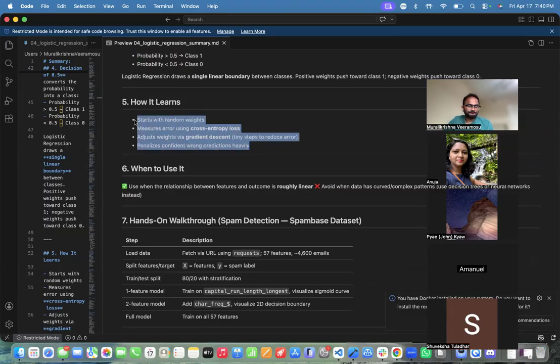And how the weights are calculated. I think this is an important concept. So we start with random weights and apply gradient descent to find the minimum error.